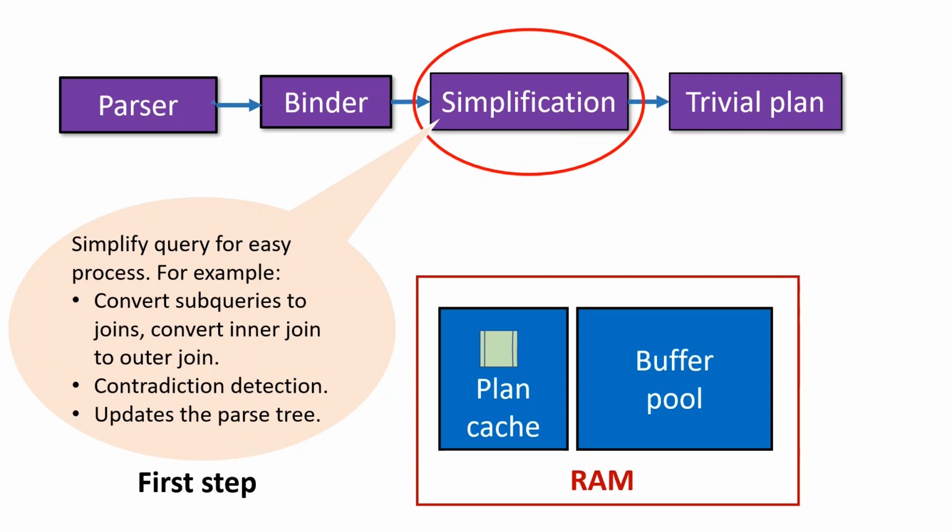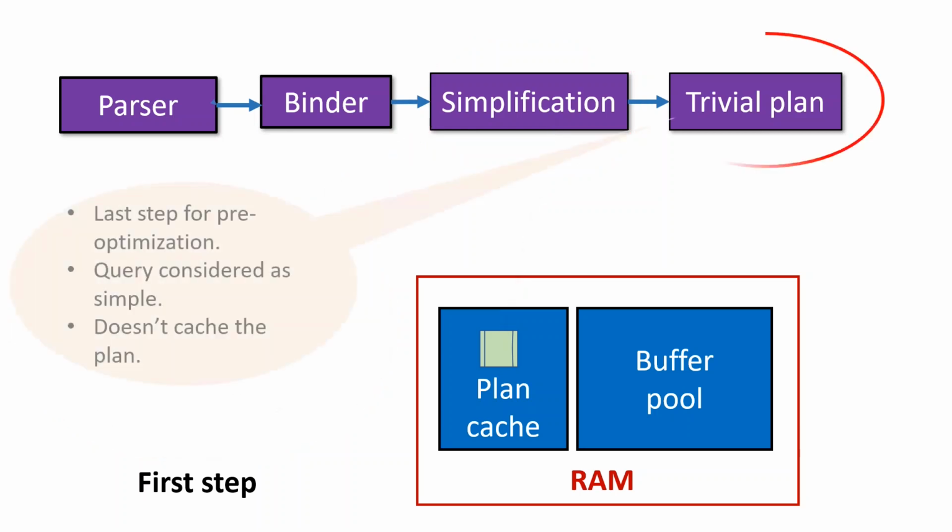And with all this information, the query tree, once again, gets updated inside the plan cache, and our query is now sent to the trivial plan component. Now, what happens at the trivial plan component is, for example, we are running a very simple query, right? For example, select star from a table or select star from a table with a simple where clause.